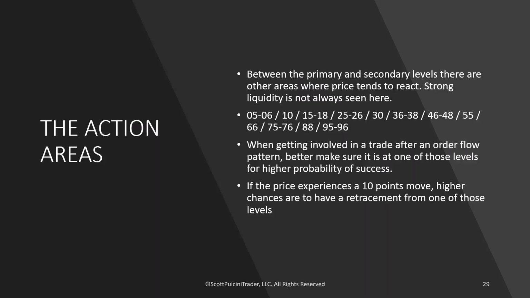Those areas are between 5 and 6, the 10, the 15 and 18, around these small areas. So the 25 and 26, the 30, 36, 38, 46, 48, 55, 66, 75, 76, 88, 95, 96.